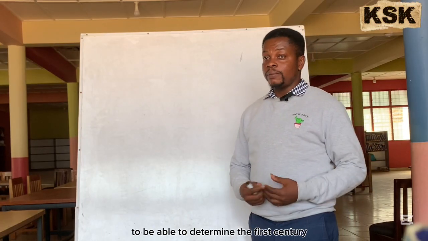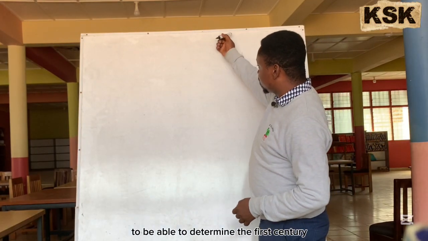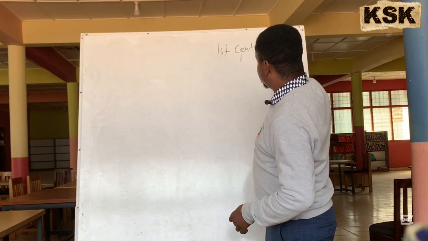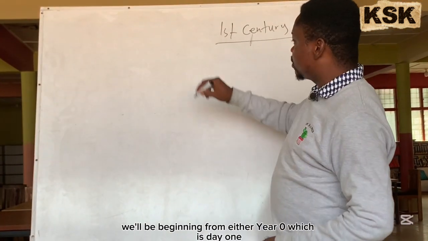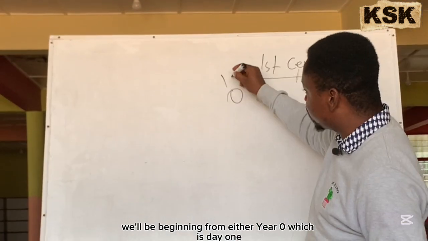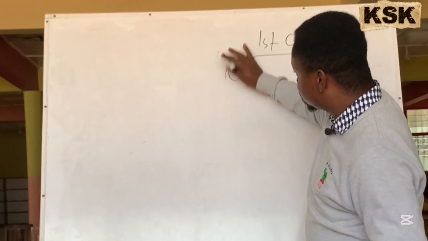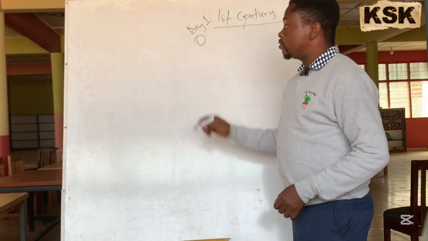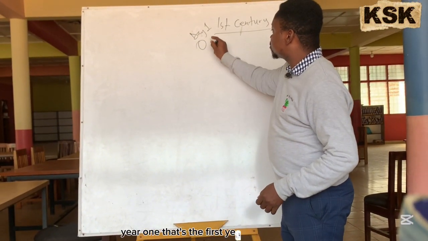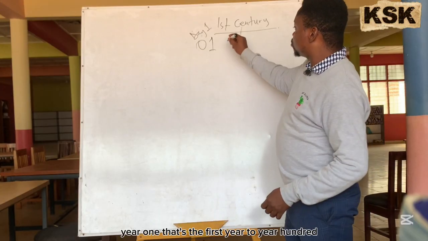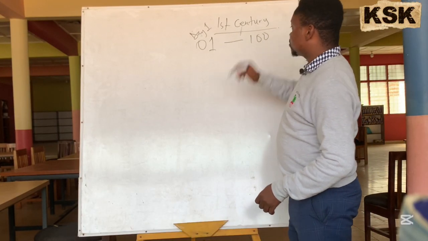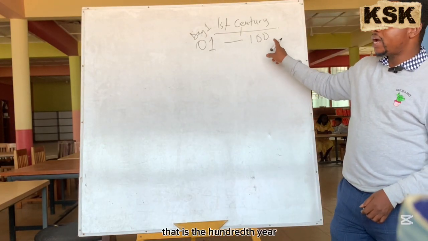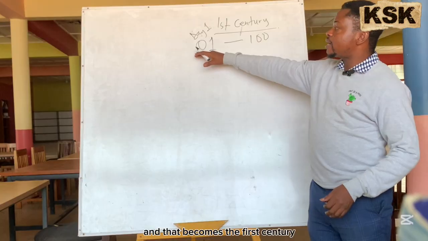To determine the first century, you know that the first century will begin from either year 0, which is day 1, or year 1, that's the first year, to year 100. Year 100, that is the 100th year, and that becomes the first century.